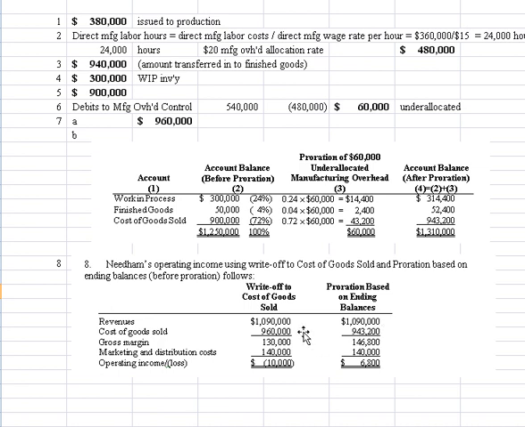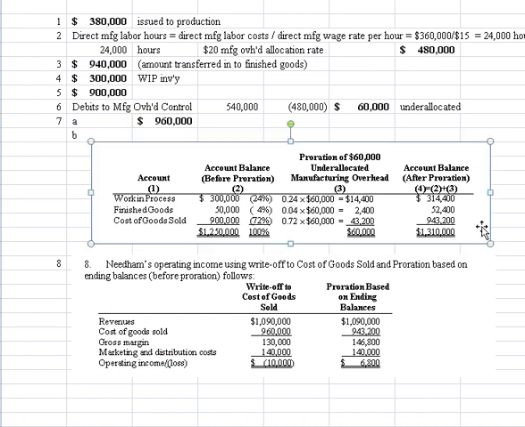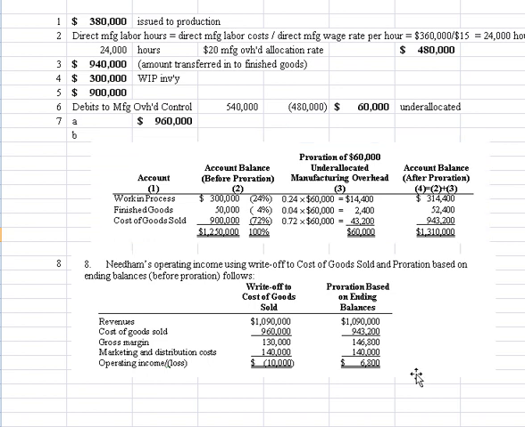There's the cost of goods sold, assuming we wrote it all off under 7A to cost of goods sold, it'd be 960, but using what we did under 7B, it would be the 943,200 to the left of my mouse there. And we have gross margin that's slightly different, and marketing and distribution costs are the same, that 140,000 in either case. So what we're able to do is compute what the operating income is based on the method we use to dispose of the under allocation of overhead using a normal costing system.